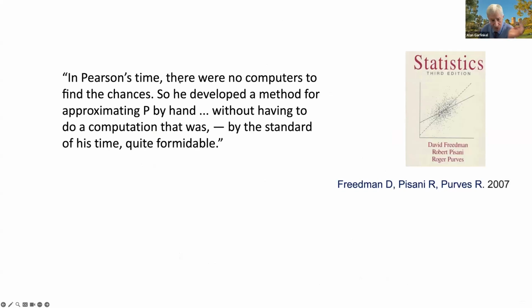In Pearson's time, the 1920s, there were no computers to find the chances, so he developed a method for approximating the p-value by hand without having to do a computation that was, by the standard of his time, quite formidable. But by the standard of our time, you can do this on your phone. So why are we doing this? Why are we clinging to pre-computer methods to prove theorems which completely cripple our ability to describe the data?